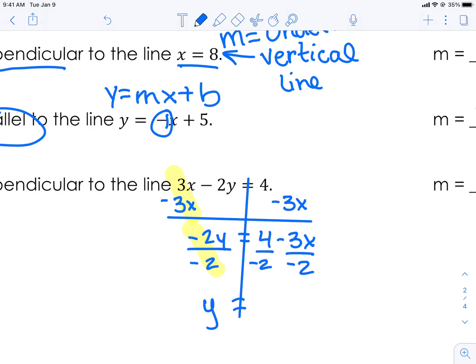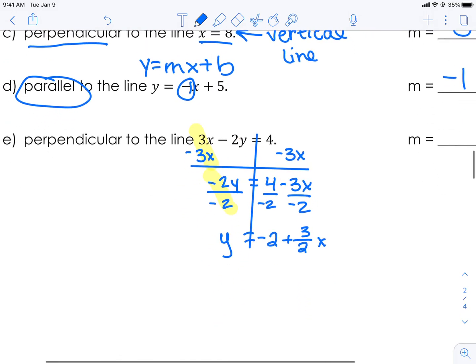Y. Okay, we have 4 divided by -2, which is -2. I have a -3x divided by a -2. Well, 2 negatives make a positive, 3/2 x. Now I have it in slope-intercept form. The only difference is it put my y-intercept first.